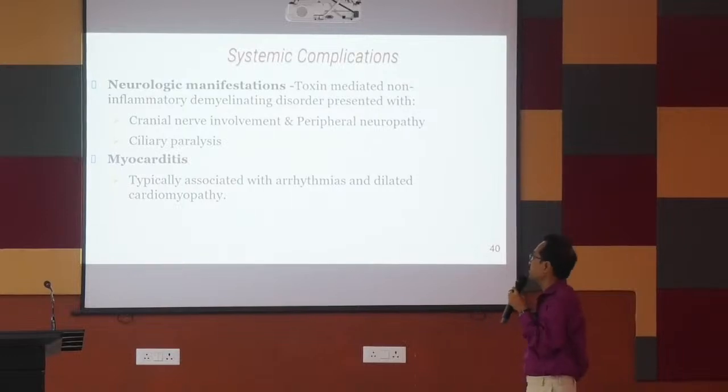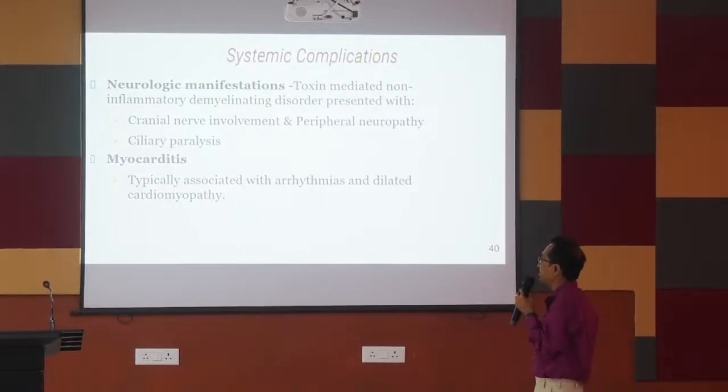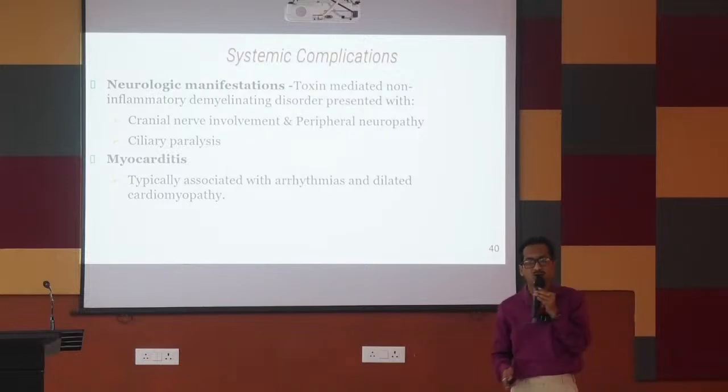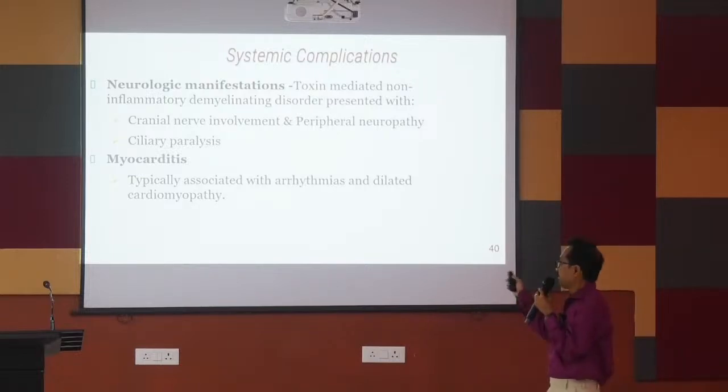Neurologic manifestations are toxin-mediated, non-inflammatory, demyelinating disorder. So what type of neurological complication? It is basically a demyelinating disorder: cranial nerve involvement, peripheral neuropathy. Myocarditis is typically associated with arrhythmia or dilated cardiomyopathy.